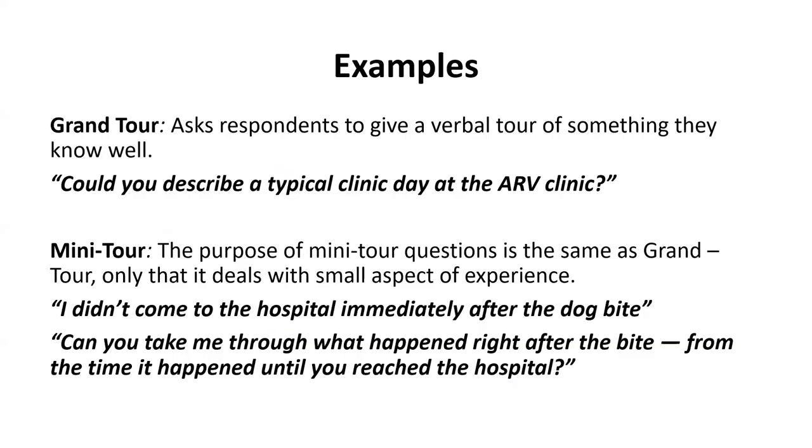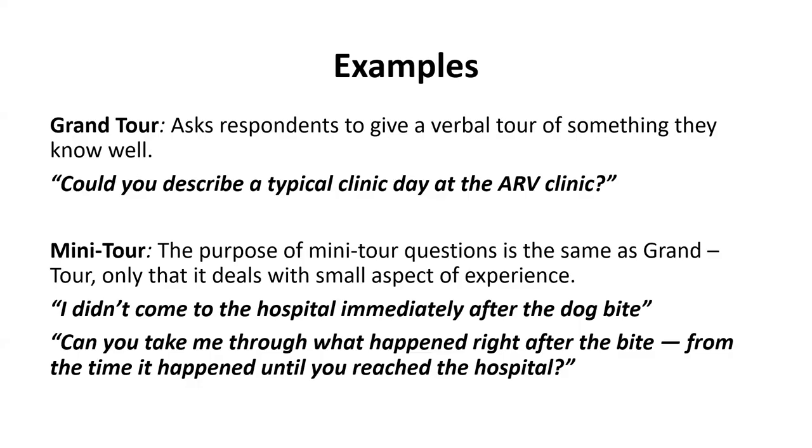Just a few examples. In the grand tour question, you ask respondents for a verbal tour. So you say, okay, describe a typical clinic day in the ARV clinic. In the mini tour question, you focus on a small aspect. The respondent says, I didn't come to the hospital immediately after the dog bite. There was a little bit of a delay.